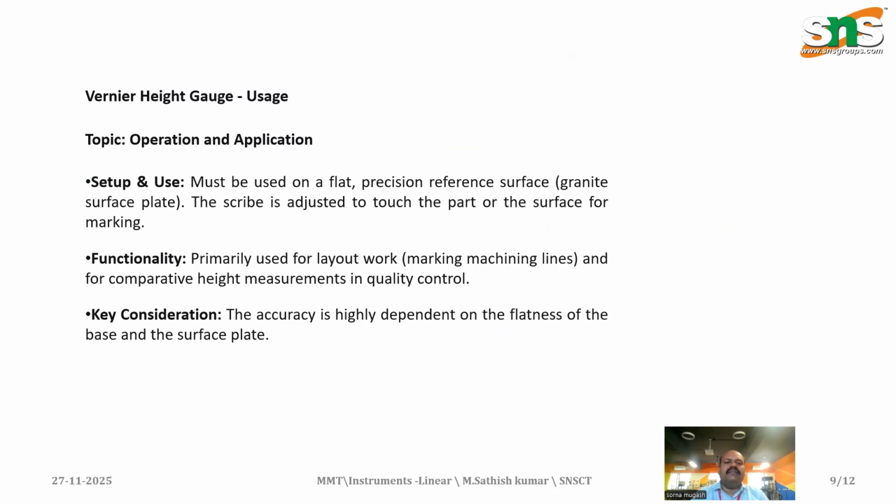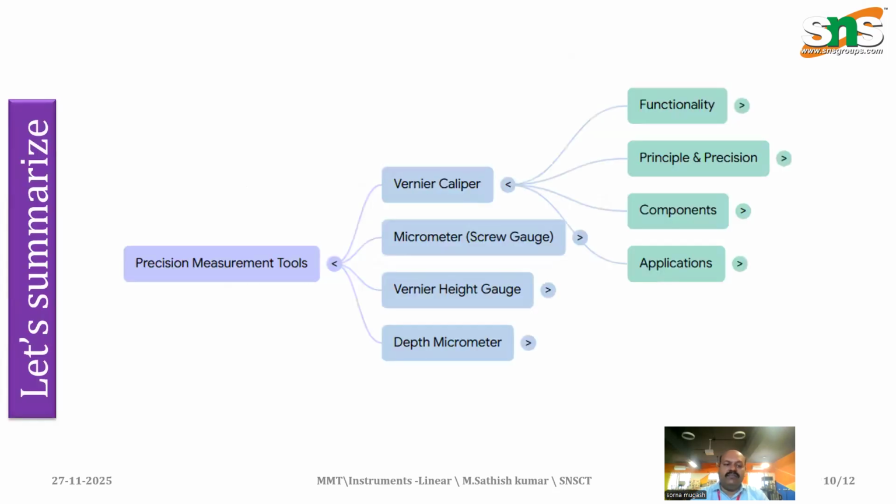The functionality of this vernier height gauge is primarily layout work, marking machine lines, and comparative height measurements in quality control. The accuracy is highly dependent on the flatness of the base. So it is very important to fix the component and take the datum of the component so that all the measurements taken with the height gauge are perfect and improved.